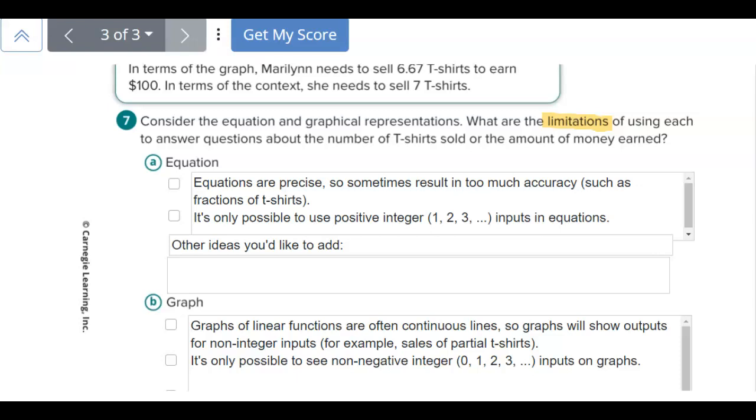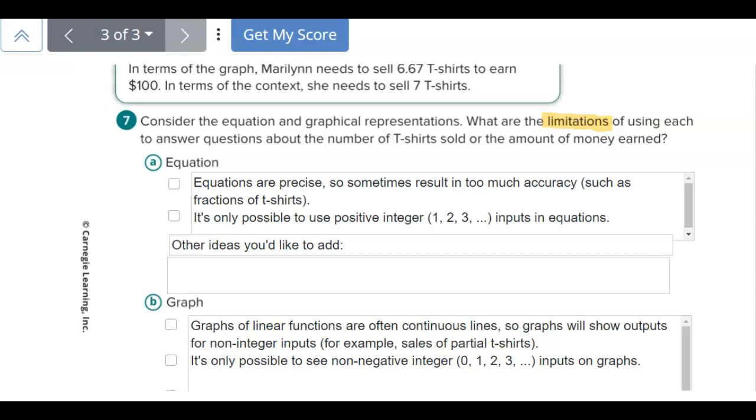So for example, you have a couple choices for equations. Which one is true about equations? Equations are precise, so sometimes we'll get a result that has too much accuracy, such as fractions of t-shirts, like a result that's 6.7 t-shirts instead of 6 or 7.